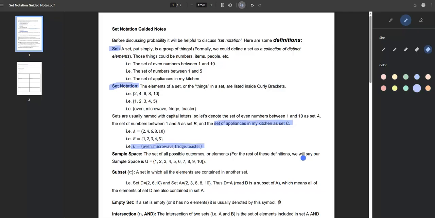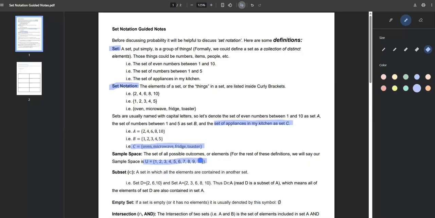Okay? A sample space is a set, but it's a set of all possible outcomes. And I can define this how I want it. If I'm talking about numbers, I could talk about the sample space as being numbers 1 through 10, and that would be my sample space, and those are the only numbers I'm looking at.